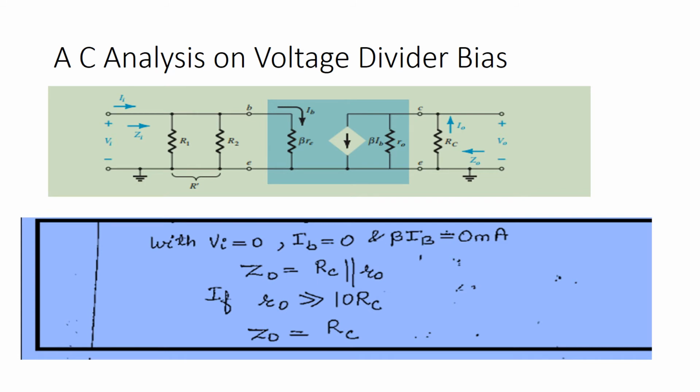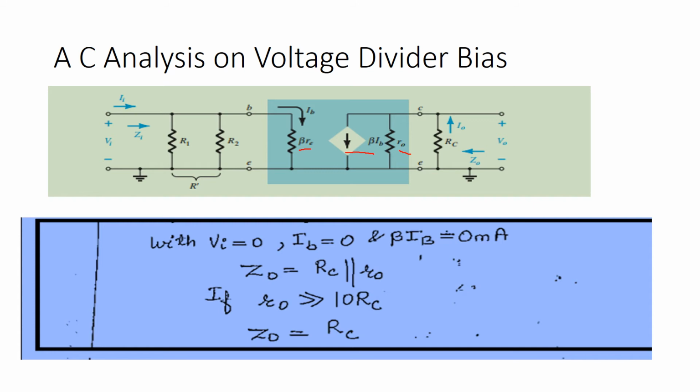Next, AC analysis of voltage divider bias. Here you replace that active component by beta RE and a current source. Since the emitter is grounded, it is placed at ground condition. Between collector and emitter is your load resistance RC along with R0, and on the input side the two dividing resistors R1 and R2 are present.